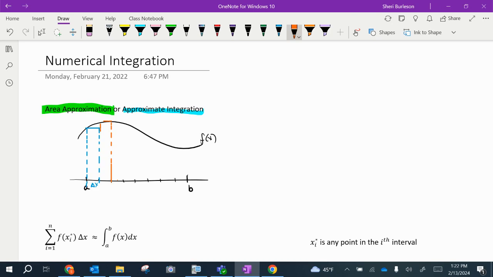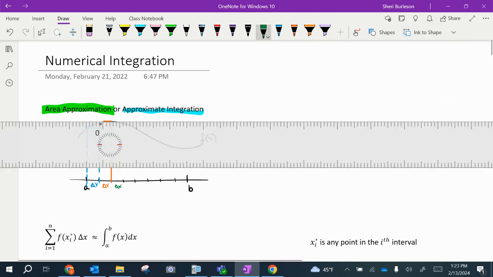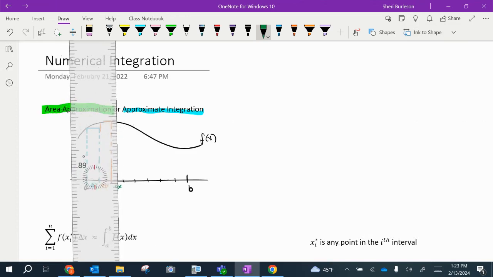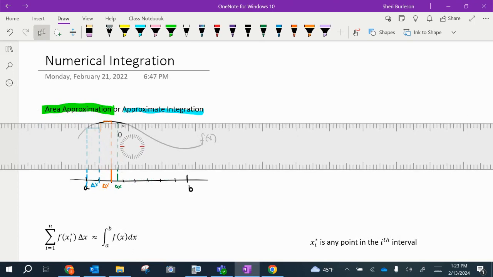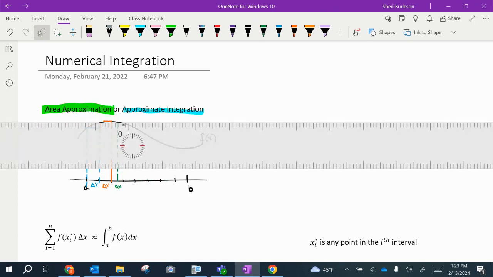like the best idea. So what if instead of looking at the left hand like I did in the blue, or the right hand Riemann sum like I did for the orange, let's look at green here. We still have the change in x. I'm still talking the same sized interval. But now what if I go from the midpoint and go up to the curve, and then I make my rectangle from there.